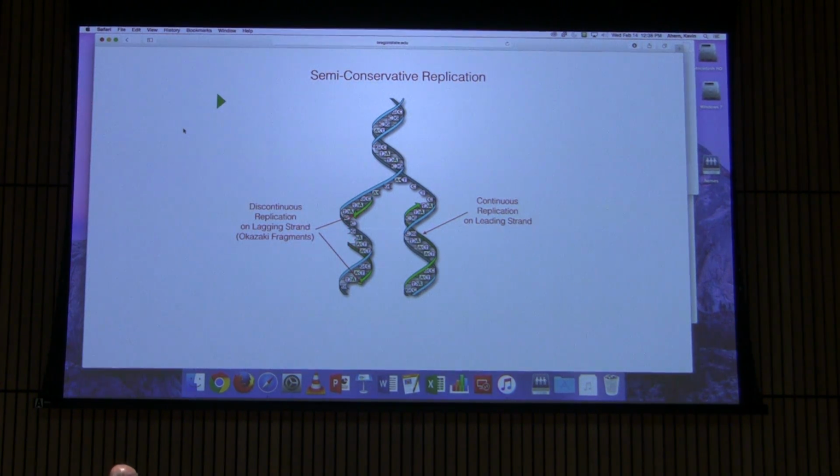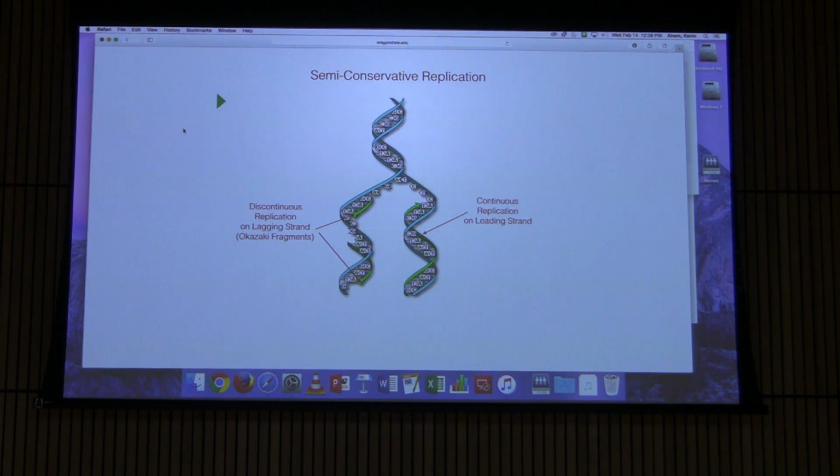The other has 1 strand from the parent and 1 strand that is newly synthesized. And you might say, well, duh. Well, before they found the enzymes that did this, nobody knew if that was the case. We knew it replicated, but you could have replication in which you have one new one that has both strands of the parent and the other one that has 2 new strands. You didn't know how the copying was done. You didn't know it was copied directly from the strand. We now know, of course, this is the case.